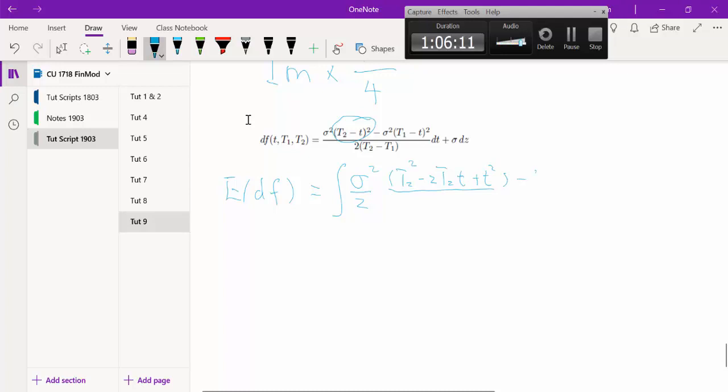Minus, so the second term is T1 all squared minus 2 T1 little t plus t squared, all divided by T2 minus T1. This just came from here, okay?